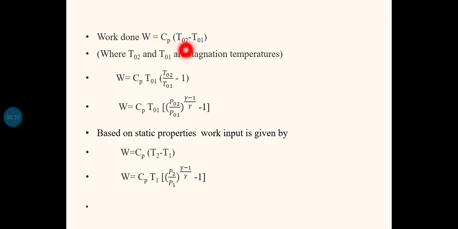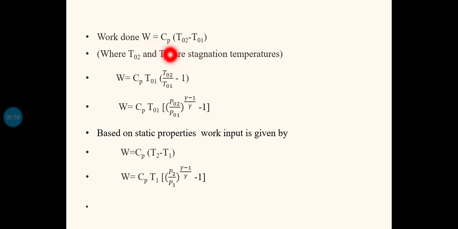If the stagnation conditions are directly given, then you can use this equation. The same can be calculated using the static conditions also. Which equation to be used depends on the condition given along with the problem. If static conditions are given, then we can use the static equation to calculate the work required. Otherwise, if the stagnation conditions are given, then we have to go for the stagnation equation.